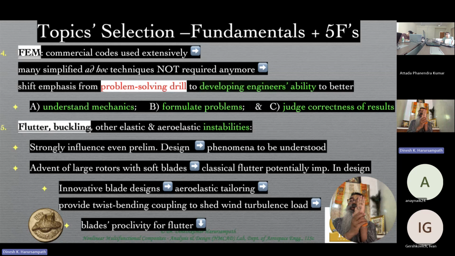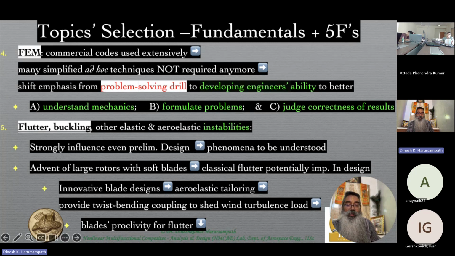So it twists in such a way that the angle of attack reduces, and therefore the force reduces, and therefore the bending reduces. The wind might still be turbulent at the same speed, but because the bending and the torsion are coupled with each other, these two go hand in hand to counteract the deleterious effect and therefore reduce the bending and therefore delay the failure.